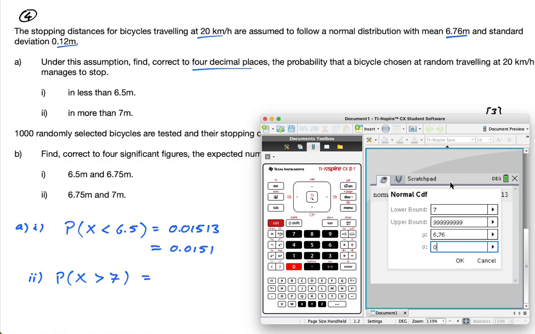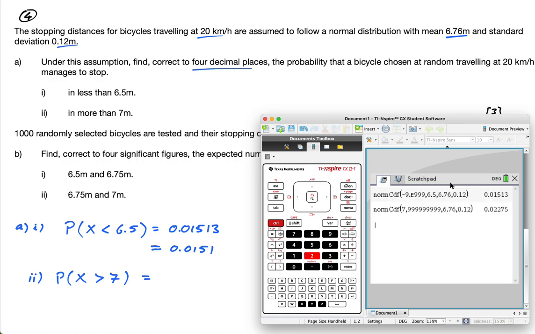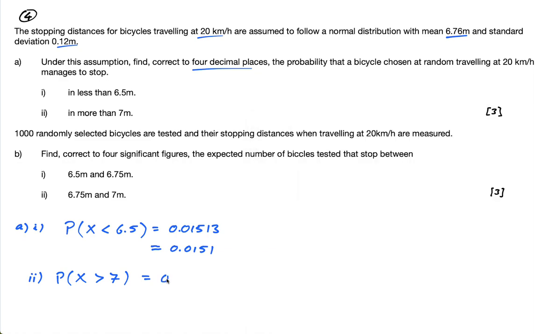Mean 6.76, standard deviation 0.12 again. Press OK. 0.02275, which is approximately equal to 0.0228. And our 7 now has to get rounded to 8. That is 4 decimal places.